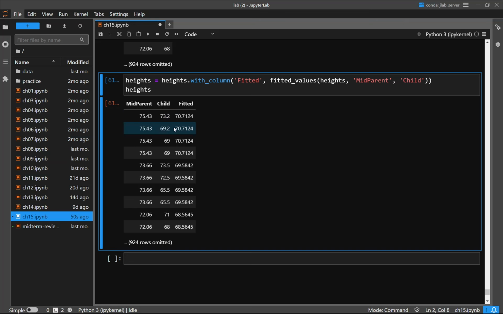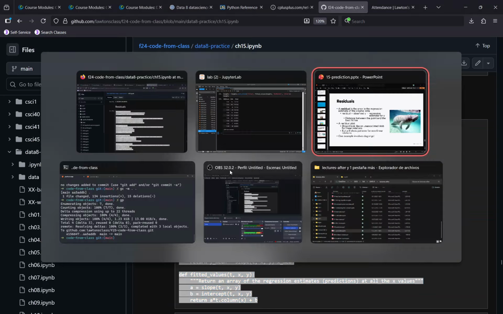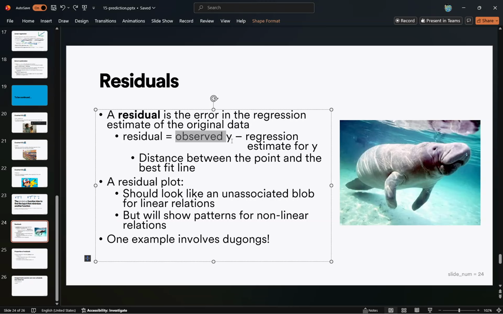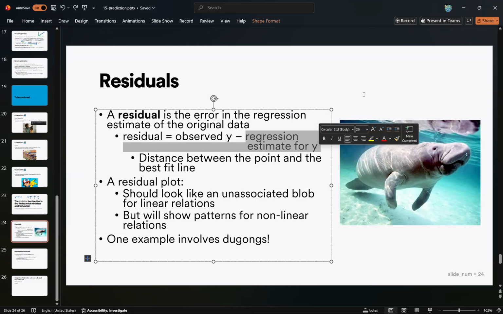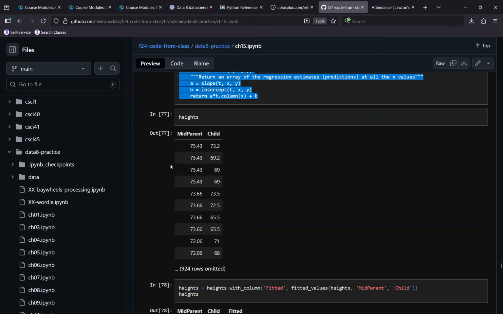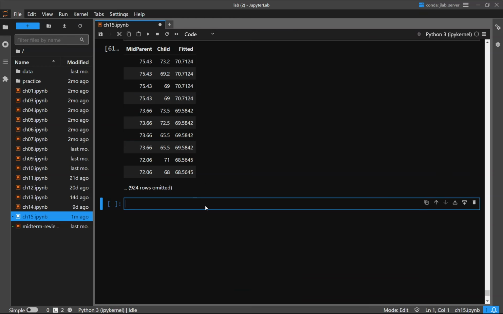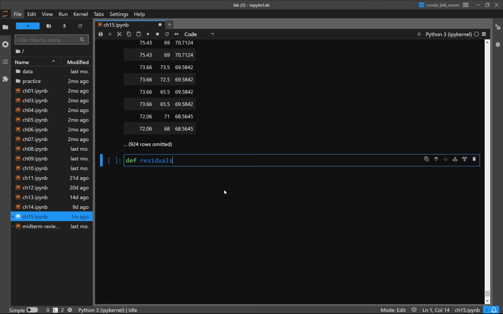Okay? So we can make a function that calculates the residuals as well. Because what is a residual but an error? It's just take our observed y values, subtract our regression estimates for y. So take your y values and subtract the fitted values. That's how you can define that. Give me our residuals.